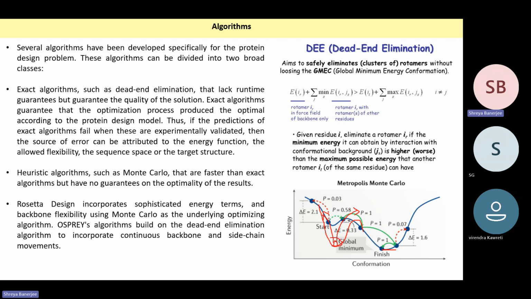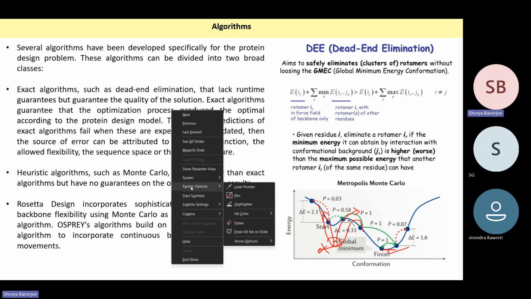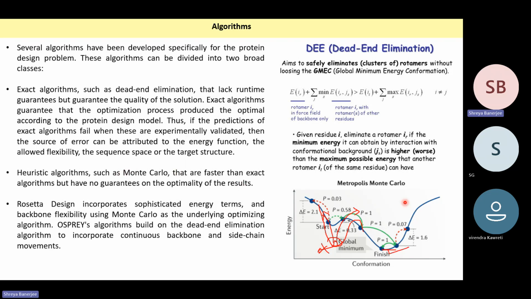It will not want to escape the low energy state. So then it will give a wrong prediction. It will predict that this is your native structure, but this is not your native structure. This is your native structure. So the problem with algorithms like the Monte Carlo algorithm, which is kind of a random sampling based on probability, is that there is no guarantee on the optimality of the results.